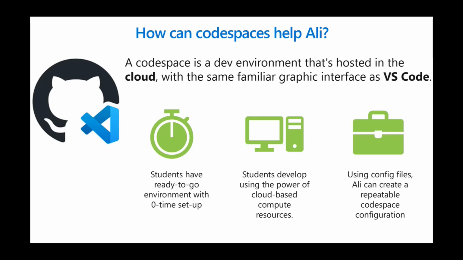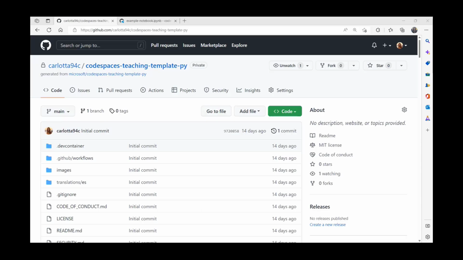So all of these may sound interesting, but may be a bit confusing if you don't see it in action. So let me go directly to GitHub, because first of all, to access GitHub Codespaces from an enabled GitHub account, the teacher of our story should create a GitHub repository where to store the code of her lab or assignment.